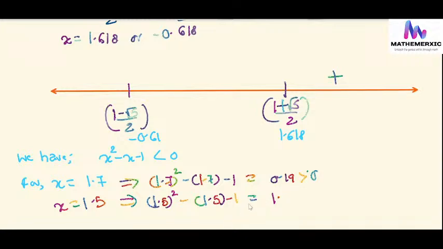So we have to check it again. Okay, no problem, I'll check it again. 1.5 whole square minus 1.5, and again subtraction of 1, so negative 0.25 is coming up.